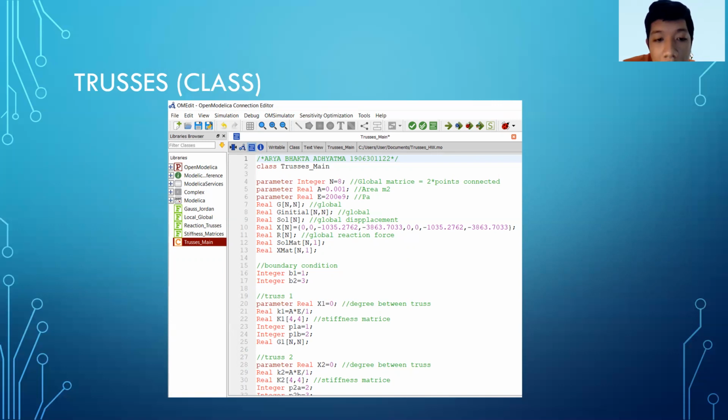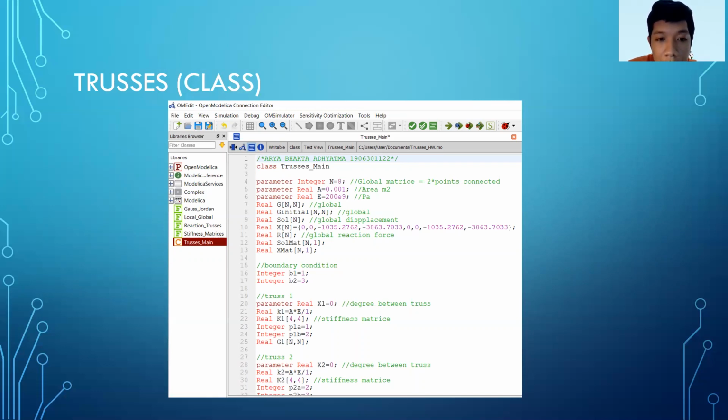Now we can define the real K1 matrix, the 4 by 4 stiffness matrix, and we define integers P1A and P1B. Finally, we define the global truss 1 with the NN matrix.